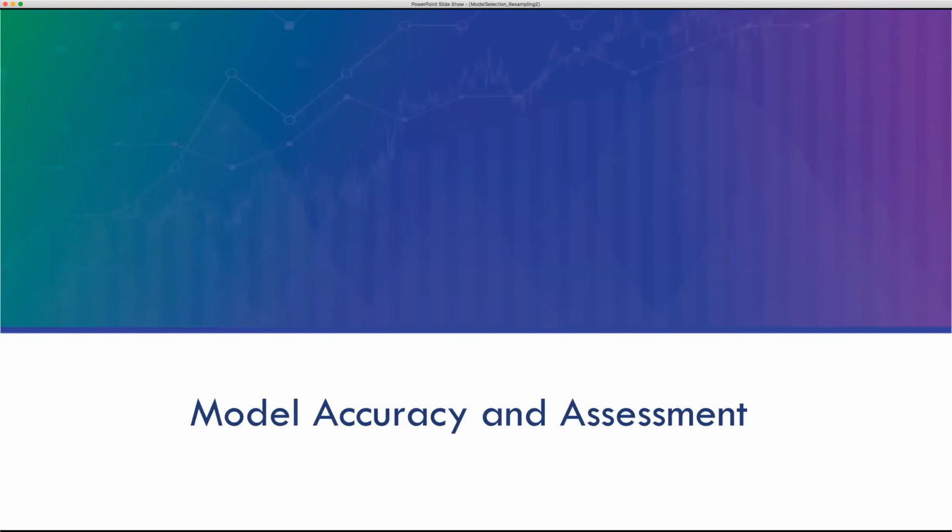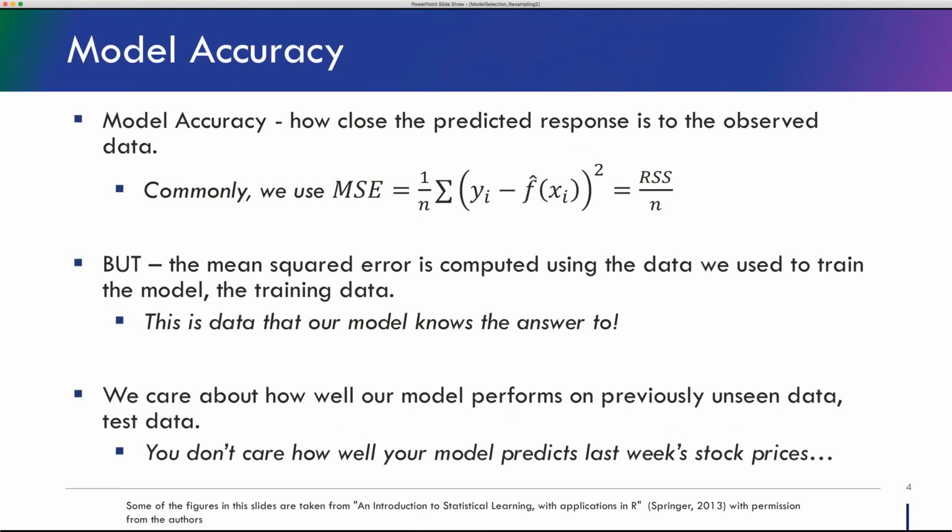Okay, let's talk a little bit about model accuracy and assessment for a moment before we get into cross-validation and the training-testing split. Model accuracy measures how close the predicted response is to the observed data.